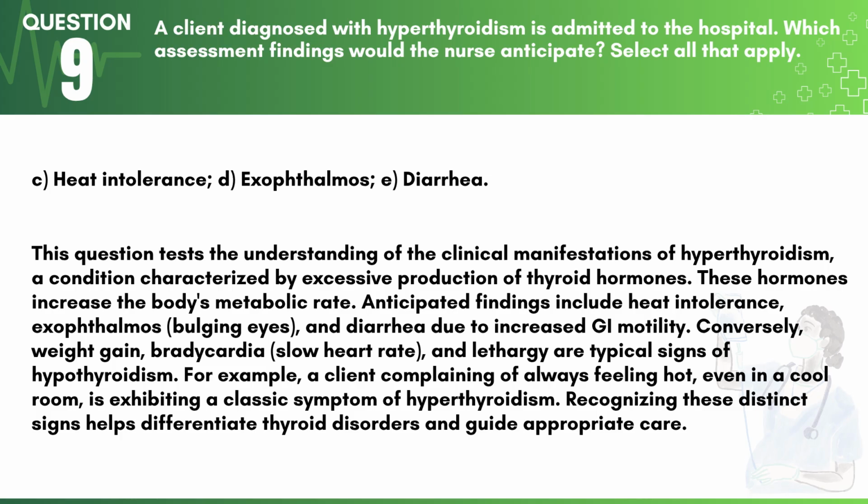Conversely, weight gain, bradycardia, slow heart rate, and lethargy are typical signs of hypothyroidism. For example, a client complaining of always feeling hot, even in a cool room, is exhibiting a classic symptom of hyperthyroidism. Recognizing these distinct signs helps differentiate thyroid disorders and guide appropriate care.